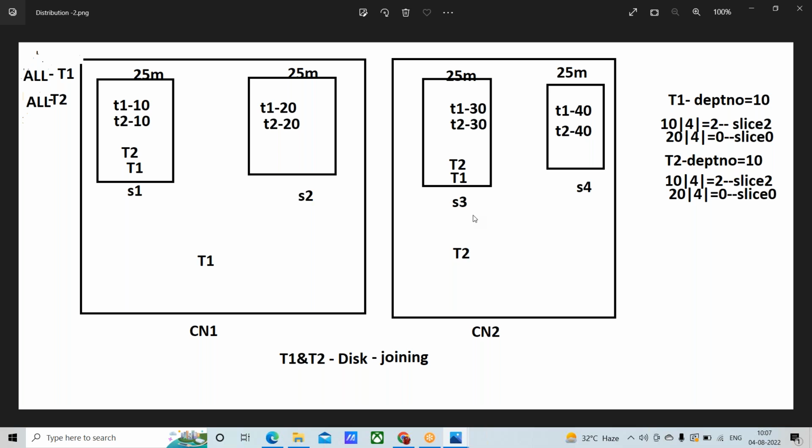If you give select star from T1, do you think it will go to all 100 nodes and get the T1 data from the first slice? Answer me, Somnath. No, sir. Only the first node will get the data, sir. Why? The same copy will be available in each node's first slice, sir.